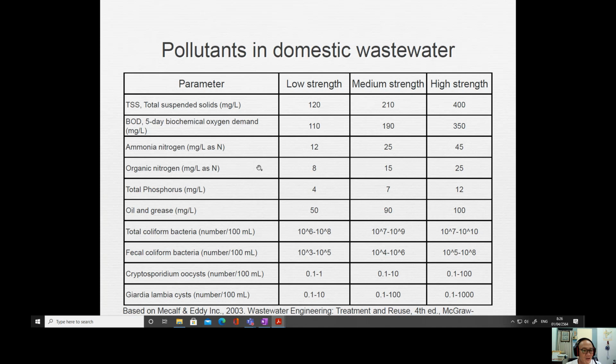Nitrogen becomes one of the major parameters or the major contaminants found in wastewater. And this actually comes from the organic substance itself.